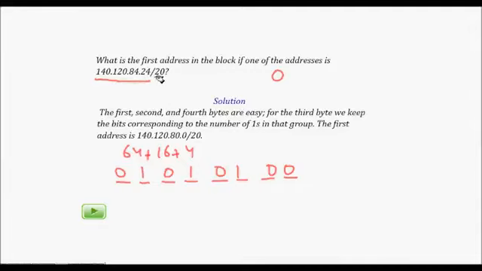Now last 20 means we make the last 4 bits 0, so the number is just 64 plus 16, which is 80. So our network address is 140.120, these are all ones ANDed with 1 so they remain the same, then 80.0. So this will be the first address: 140.120.80.0.